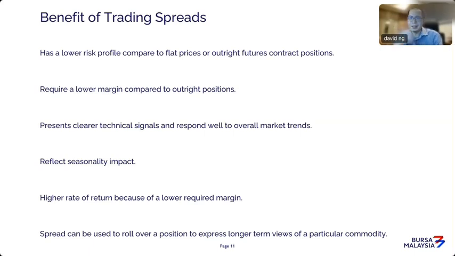Since the risk exposure is much less, normally the exchange margin given for spread contracts is much lower compared to an outright basis. So do check with your respective brokers what the margins are like. But in normal circumstances, spread margins are usually much lower compared to outright margins because of the nature of the risk involved. Now, this is where it gets interesting.